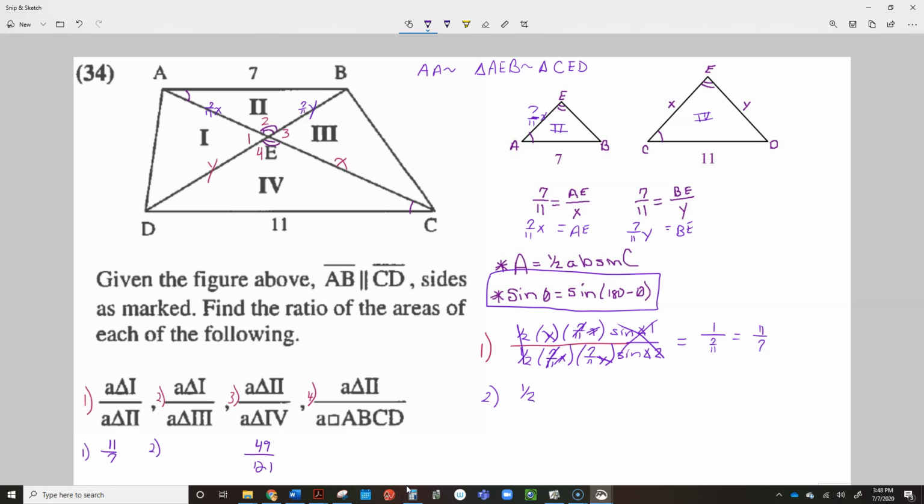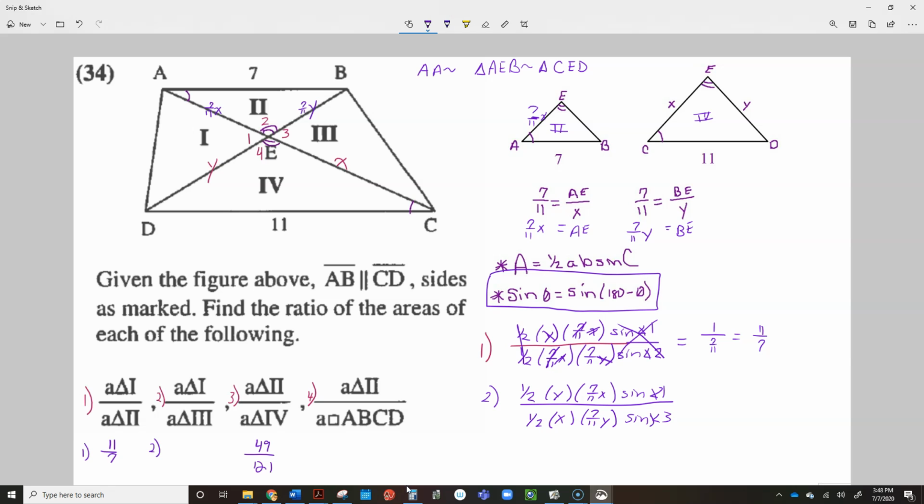I'm using this area formula, 1/2 the side times the other side times the sine of angle 1. That's the area of triangle number 1. And then the area of triangle number 3 is 1/2 times one side times the other side times the sine of angle 3.